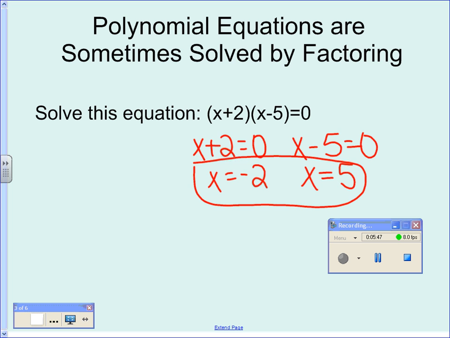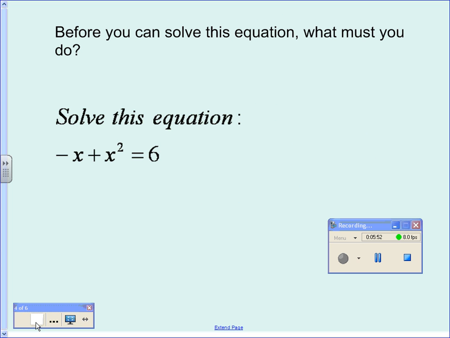Do y'all remember doing these? No? Okay. Usually they're going to be like this. What is different about this one from the last one? Okay, so before we can actually solve it, what are we going to have to do? Okay. Plus x equals 0. Now what do we have to do?